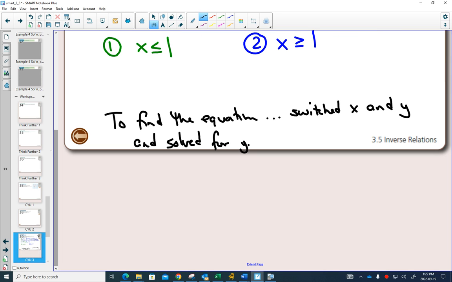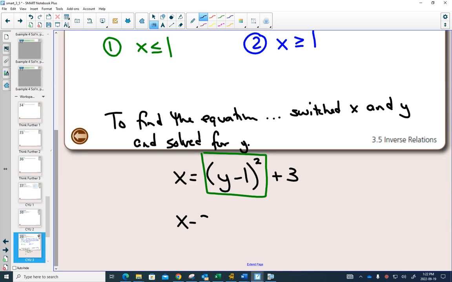If I switch the x and the y, I would have x equals bracket y minus 1 squared plus 3. Because they gave us the equation right beside the graph and also in the question. And now I have to solve for y. So I'll first isolate this that it's squared, so I'll move the 3 over.